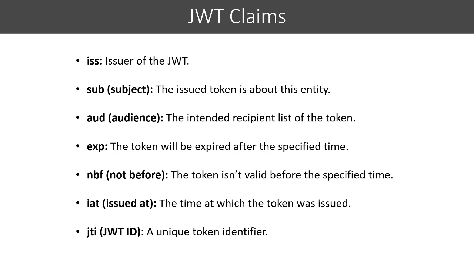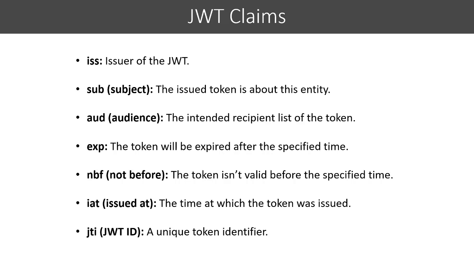The JWT payload section contains various claims. In this lecture, we will discuss JWT reserved claims. As discussed earlier, we can have additional custom claims as well. The first reserved claim is ISS. The ISS claim identifies the issuer of the JWT. This value is case sensitive and must be a string value.